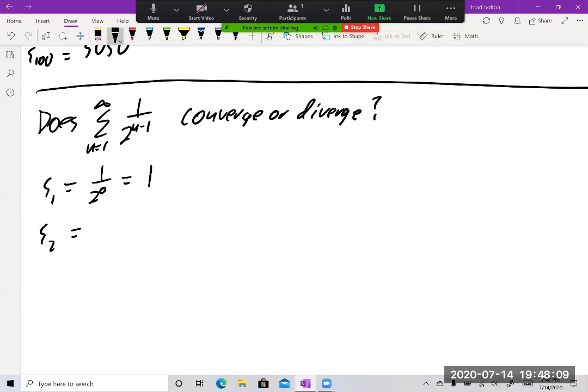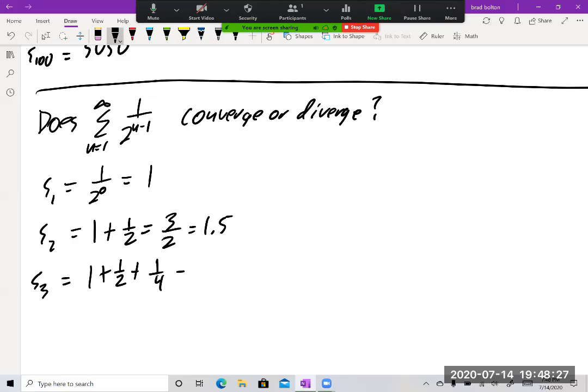S sub 2 would be 1 plus 1/2, which would be 3/2, which is 1.5. You'll see why I'm switching to decimals. Normally I prefer fractions, but this would be 1 plus 1/2 plus, what is it, 1/4? So it's going to be 1.75.